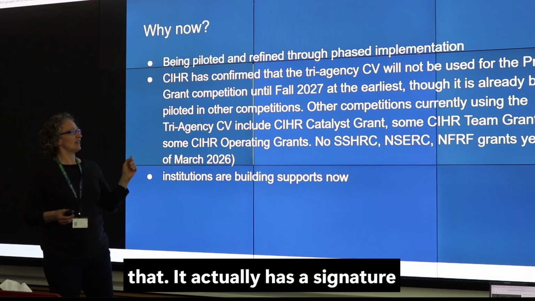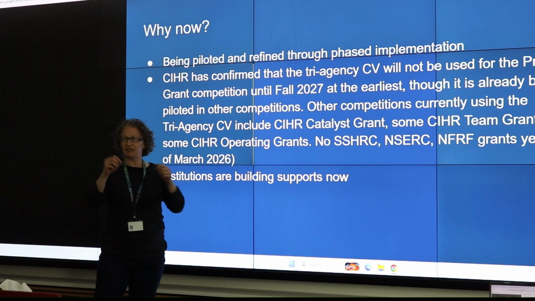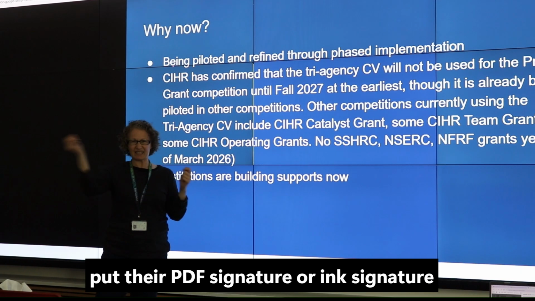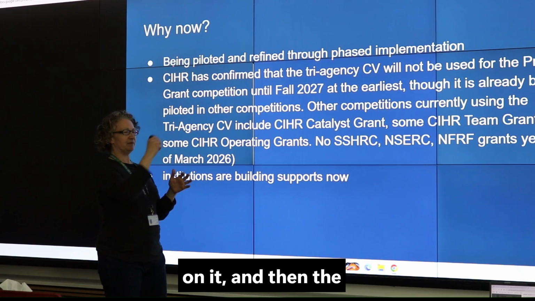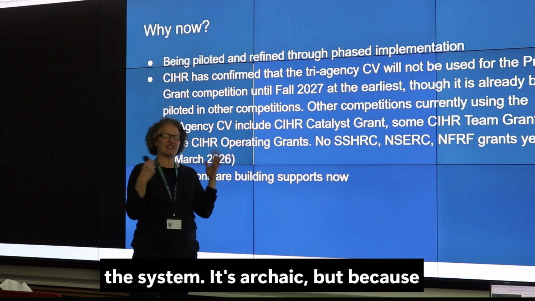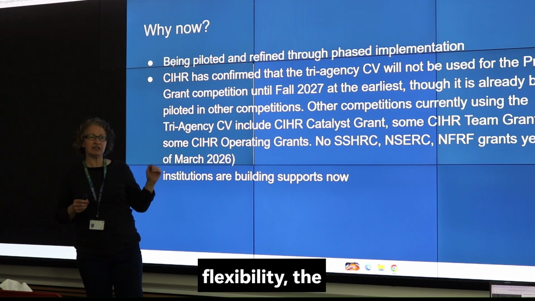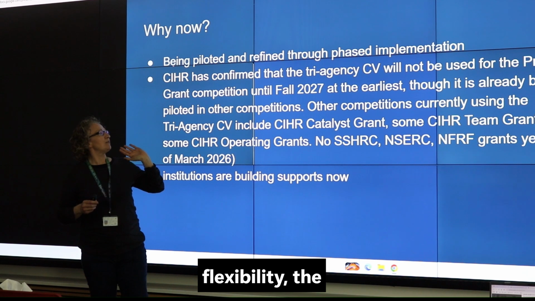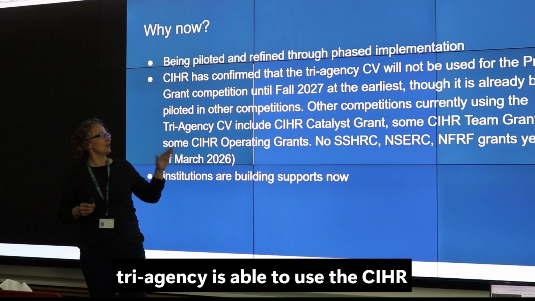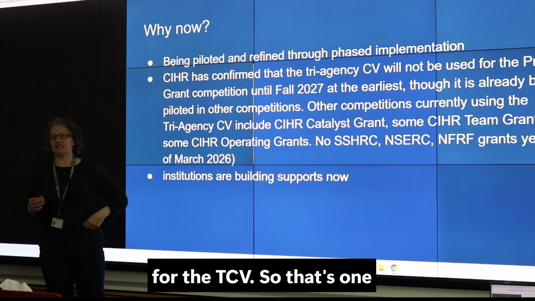It actually has a signature page that people have to either PDF-sign or ink-sign, and then the primary applicant has to upload it into the system. It's archaic, but because it's archaic and still has that flexibility, the tri-agency is able to use the CIHR Catalyst Grant as a kind of pilot for the TCV.